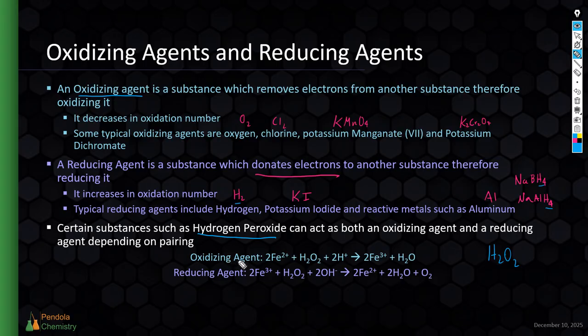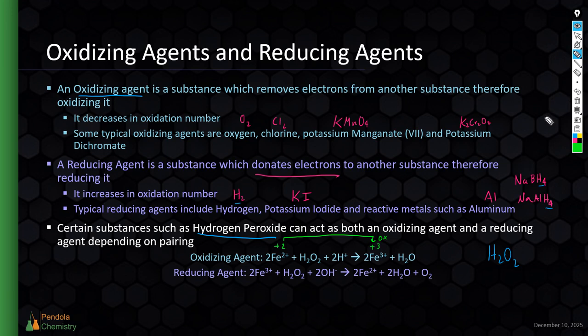If we look at this example here, it can act as an oxidizing agent whenever we react it with iron 2+. In this reaction, iron 2+ goes from a +2 oxidation number to a +3 oxidation number, meaning the iron 2+ is getting oxidized as its oxidation number is going up from 2 to 3.